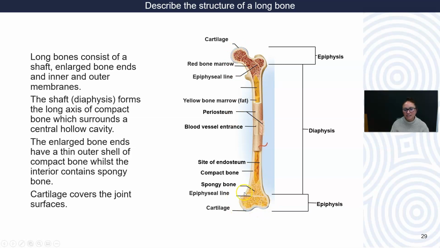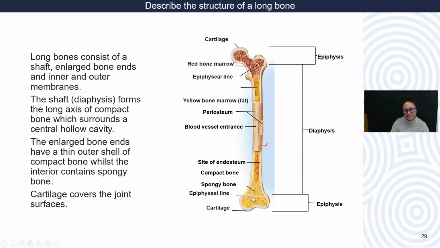Now we're going to have a look at articulations in a minute. There is also some membrane. The periosteum is connective tissue that covers the bone, okay? And there's also tissue lining the inside of the cavity of the bone.